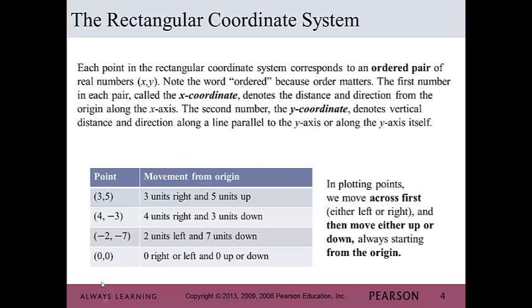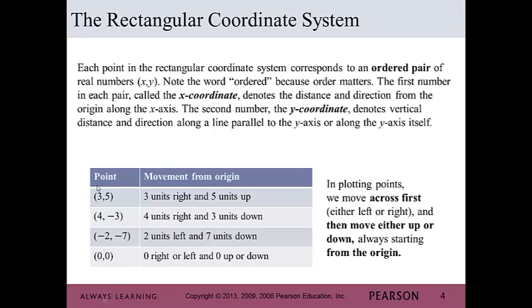Okay, so each point in the rectangular coordinate system corresponds to an ordered pair of real numbers x, y. You always write it in alphabetical order, x, y. Note the word order, because order does matter. So for example, down here, this is the point 3, 5.